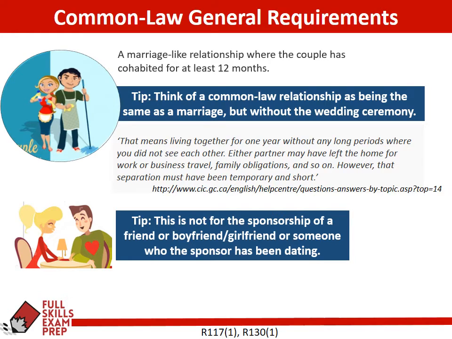If you remember from the previous lesson, a common law relationship is a marriage-like relationship with a minimum of 12 months cohabitation.